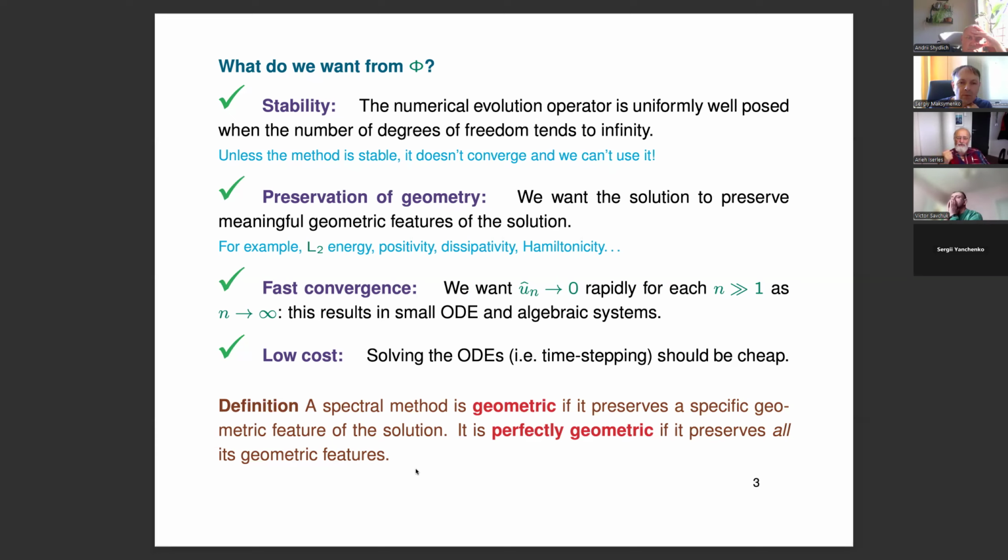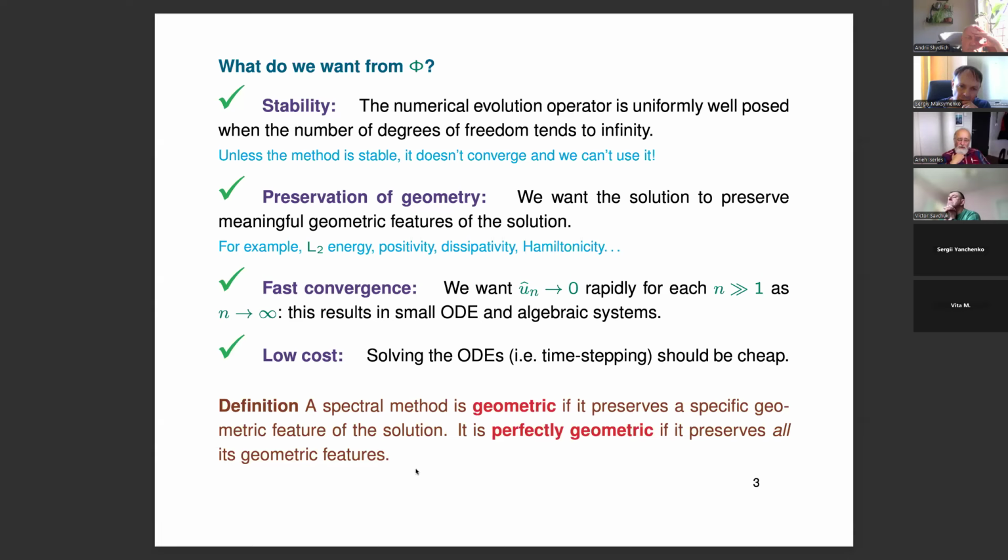The diffusion equation also is positive: if you start from a positive solution, the solution will be forever positive. Some equations have Hamiltonian forms, and they preserve the Hamiltonian, and there are many other geometric features, and often it is always important, but often essential, to preserve specific geometric features.